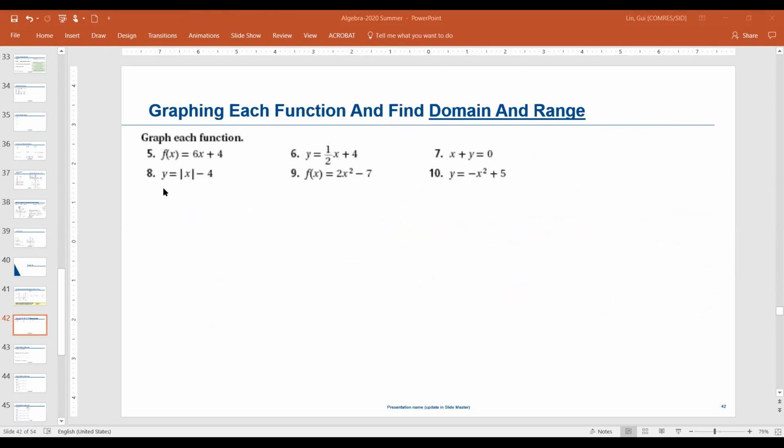But when we graph with the absolute value, like this one, it's a little bit different, right? When we graph this one, initially the absolute value of x looks like this, right? This part. So the minus 4 becomes here.